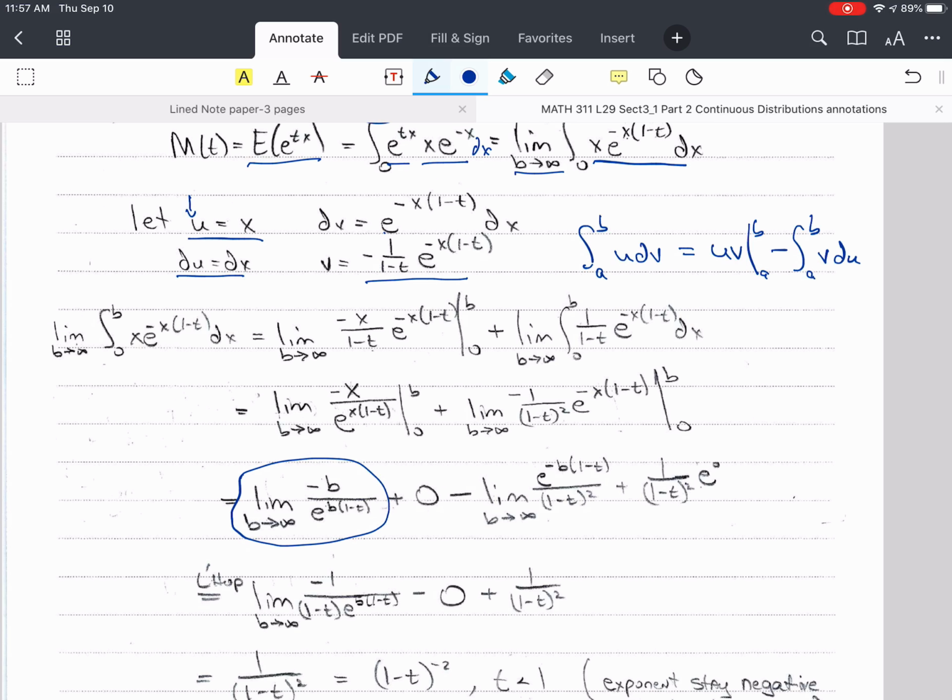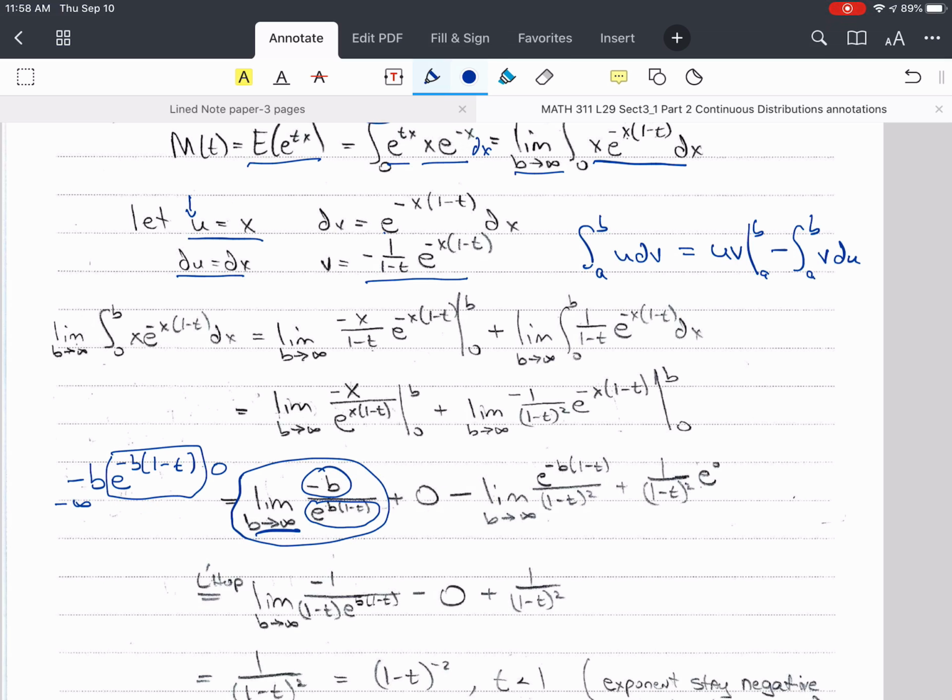So I have taken the integral, and I end up with negative b e to the negative b(1 minus t). And so I'm trying to put in infinity, but if I do that, this term goes to 0, and this term goes to negative infinity, and so that's an indeterminate form. So I've rewritten it so that I have a function on the bottom and a function on the top.